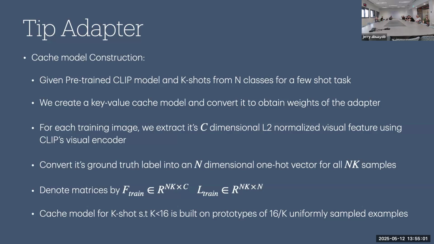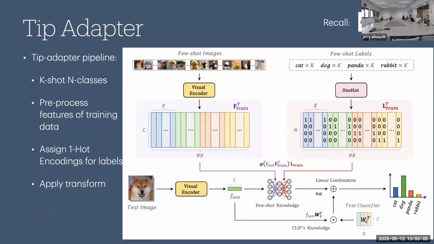Let's put on the cache model for k less than 16. I'll talk about it in a bit. But this is the illustration, and let's take a look at the above. Let's see the visual encoder. Okay, the few-shot images. This is n times k. So we push each one of them into the visual encoder, and we get a feature representing that image.